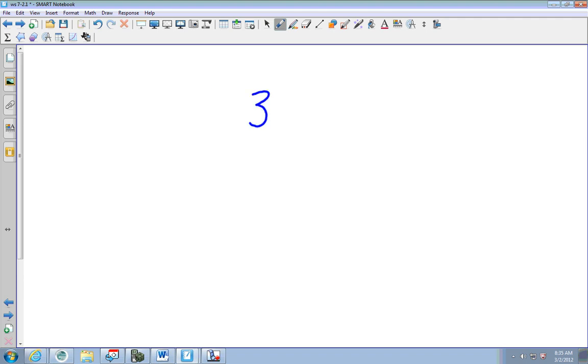What if this was my product, and I wanted to find my factors by taking out the greatest common factor and writing what was left inside? What is the greatest common factor in these two terms? Is there an x in this one over here? No, so an x is not in common.